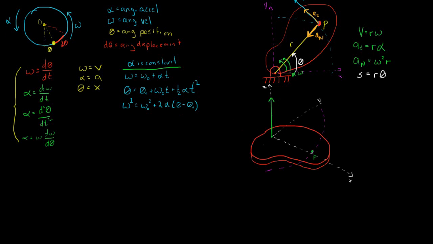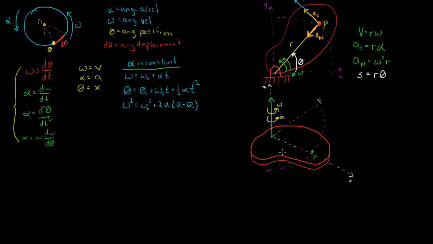So if we have this z-axis that we're rotating around, and I've just put these on the x, y, z axis to make it easier to visualize, we're going to have an angular velocity, omega, and an angular acceleration, which is alpha.